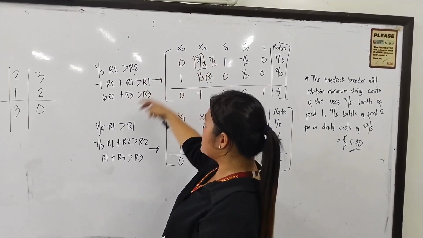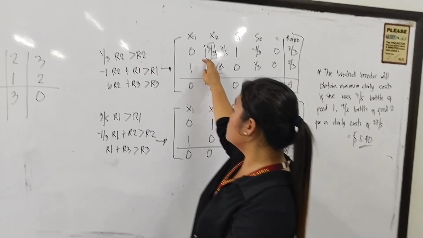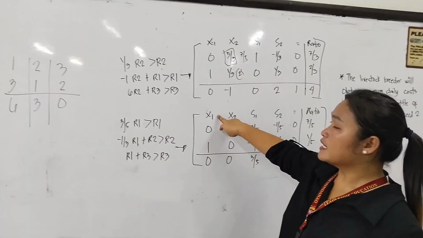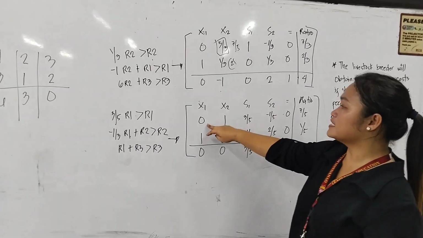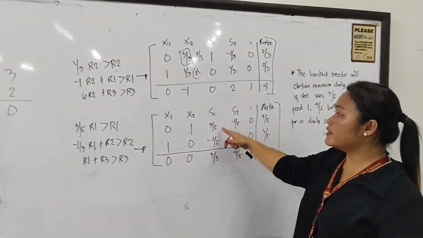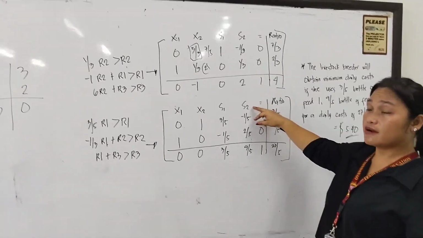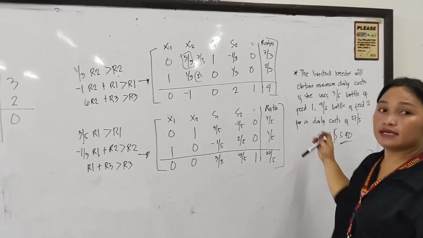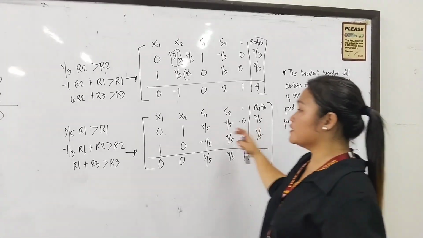So if we transform by 3/5 in row 1 goes to row 1, it gives x1 is 0, x2 is 1, slack variable 1 is 3/5, slack variable 2 is negative 1/5, equal to 0, and the ratio is 7/5.